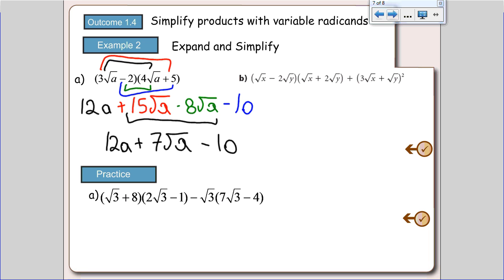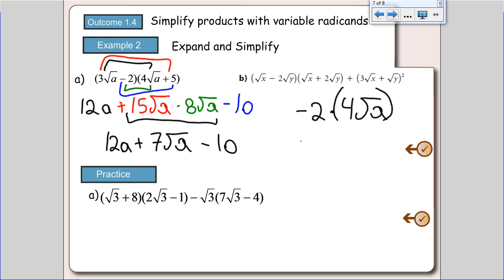Okay, so you're thinking, when we do our negative 2 times our 4 root A, Ty, like that part? Imagine this as if it was, because that's what they are, two separate things. If this was just negative 2 times 4x, what would you do?